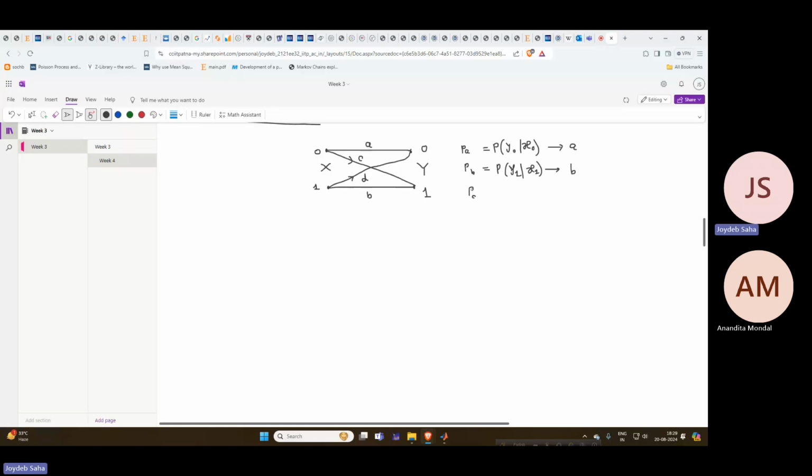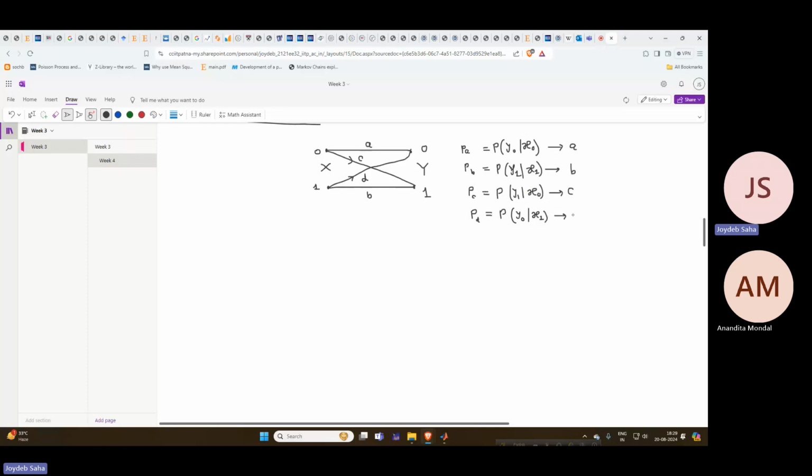Probability of event C is output is 1, on condition that input is 0. And what is probability of event D? Output is 0, conditioned on input is 1.